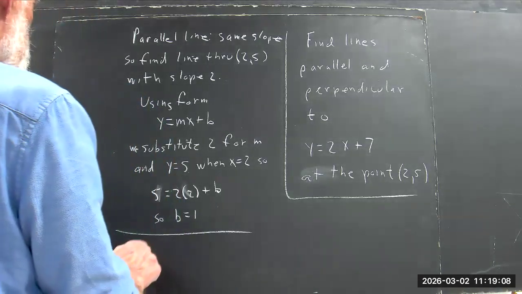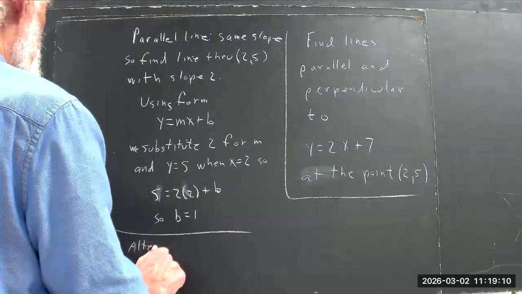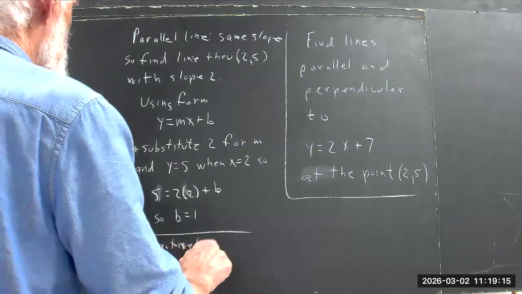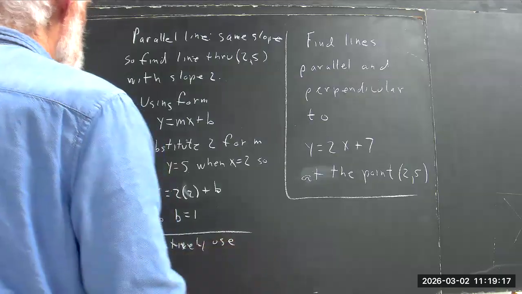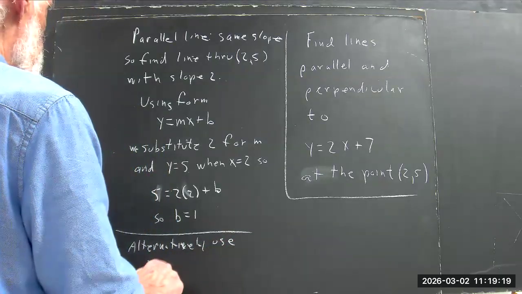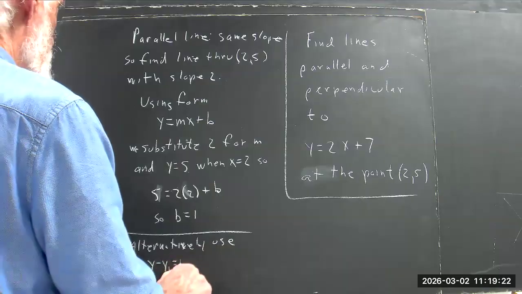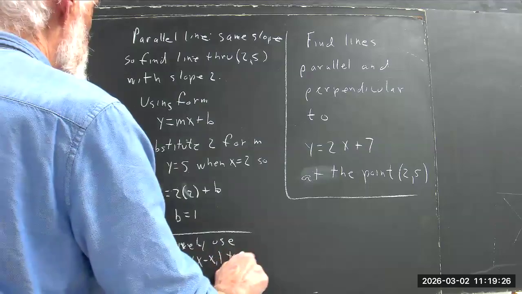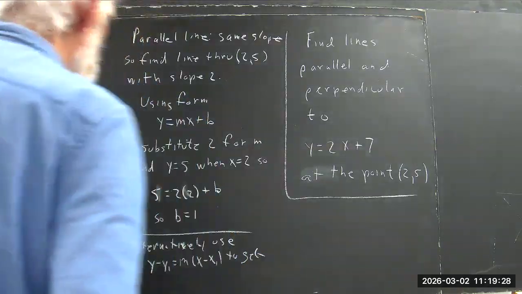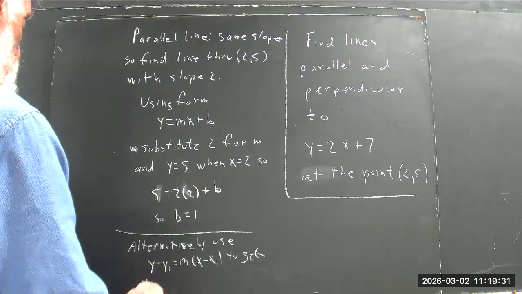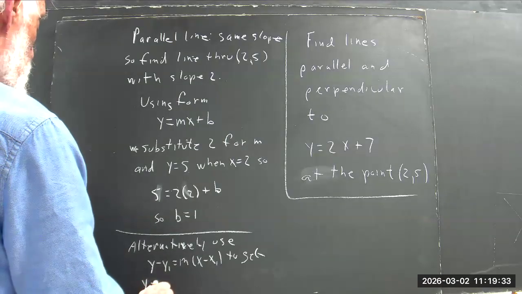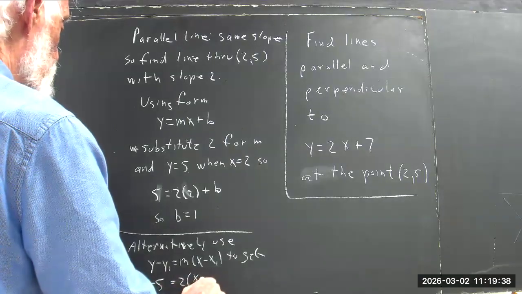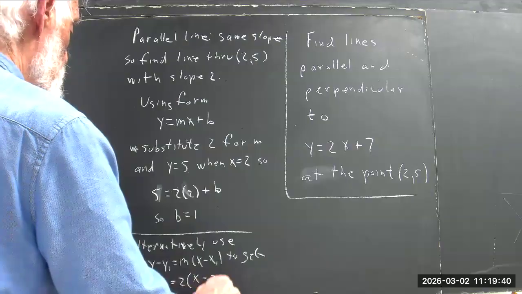Alternatively, use the point-slope form. If you use that form, you get y minus 5 equals 2 times the quantity x minus 2.